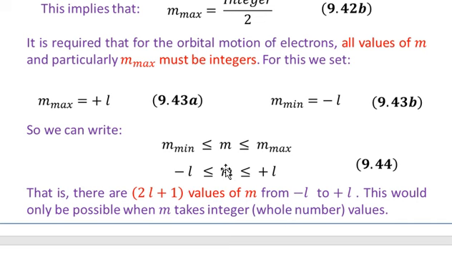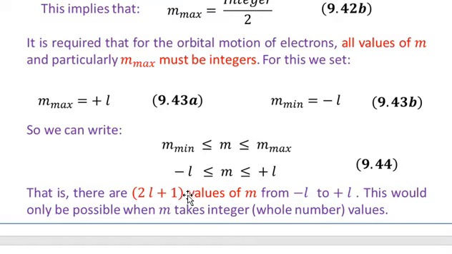So the possible values that the magnetic quantum number m will have are 2l plus 1 values of m, from minus l to plus l. This would only be possible when m takes integer, that is whole number, values.